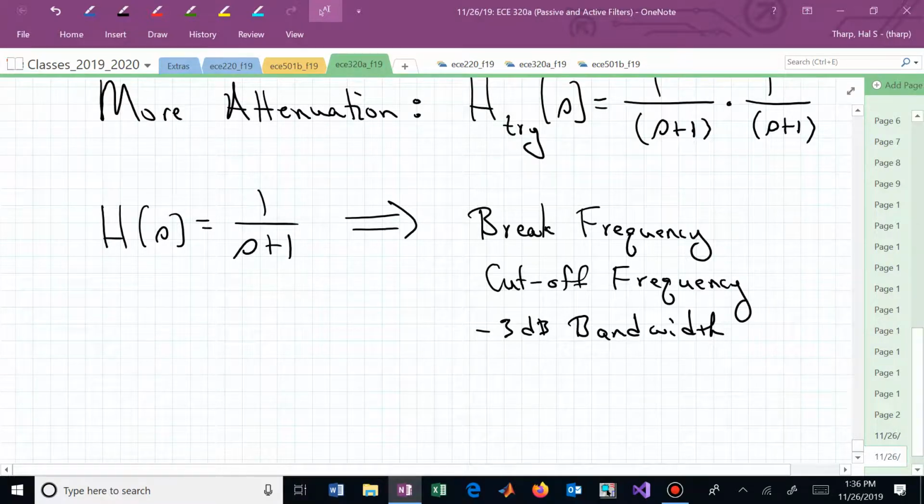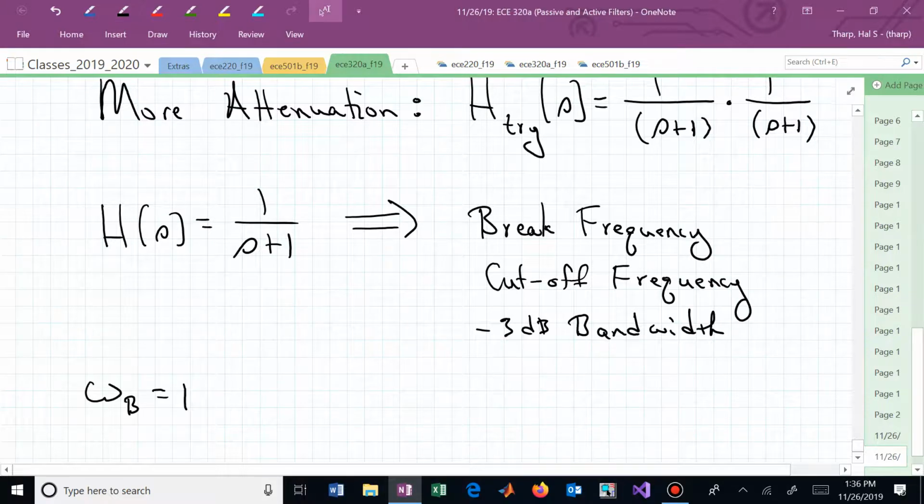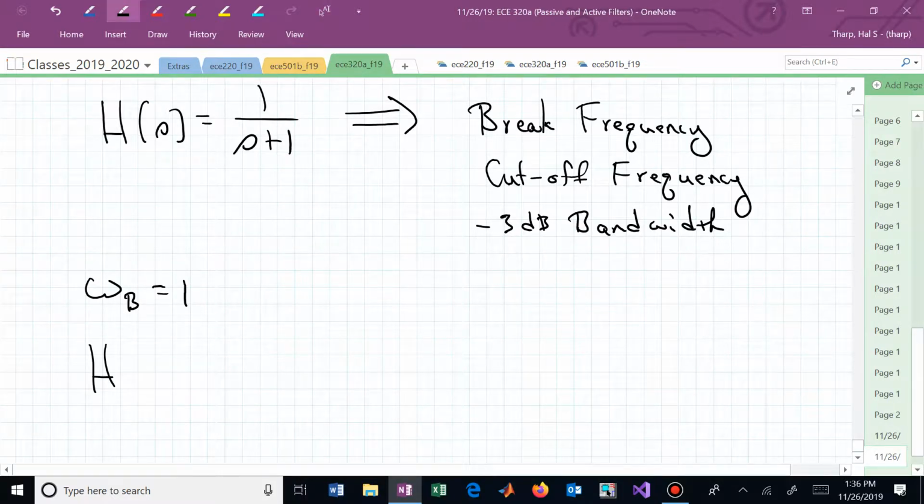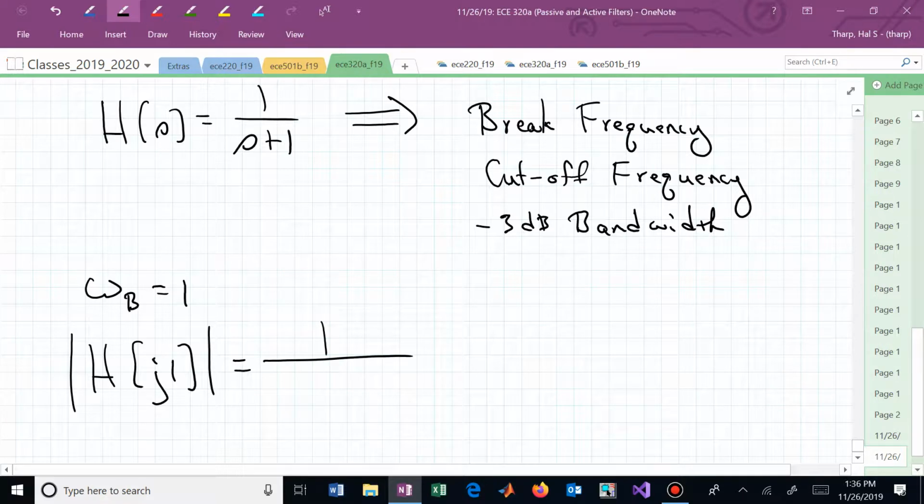And in this case, we could say, where's your pole? It's first order. That's where it's at in terms of frequency. So here, your break frequency, let's say omega sub b, is 1. So now let's look at what H of j1 has for a magnitude. This is now 1 over j1 plus 1. We've now replaced S with j1.